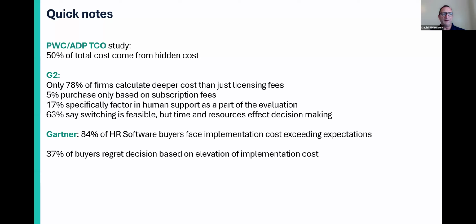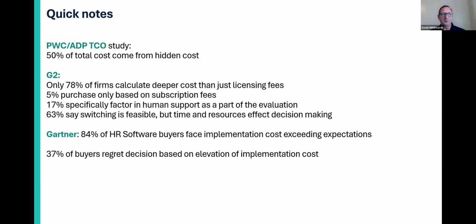G2 claims 78% of firms calculate deeper costs than just licensing fees. 5% of companies only include subscription and licensing fees. 17% factor in human support as a part of every evaluation, and 63% say switching is feasible, but time and resources often get in the way of making those decisions.